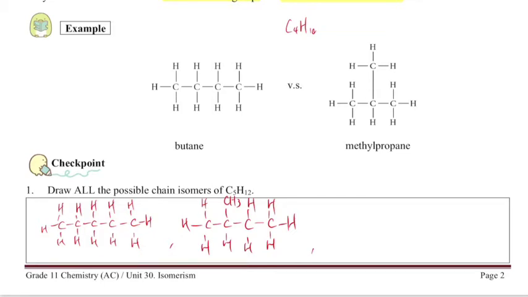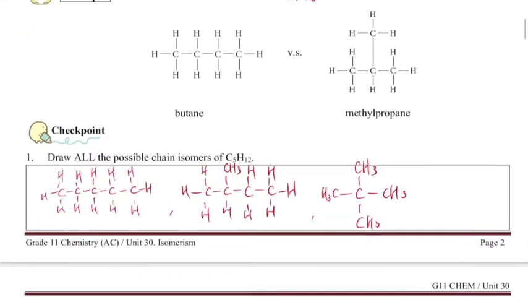Then we can further remove one of the branches at the end and attach it to the second carbon. That will give us this molecule. Again we have 5 carbons in total and 12 hydrogens, so that's a different way to arrange those atoms, and it's still an alkane, so it's a chain isomer of the previous 2 molecules. That's the first type we're going to discuss.